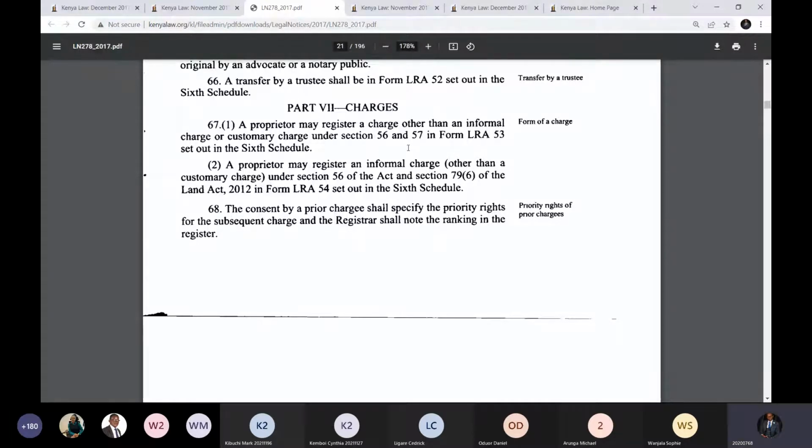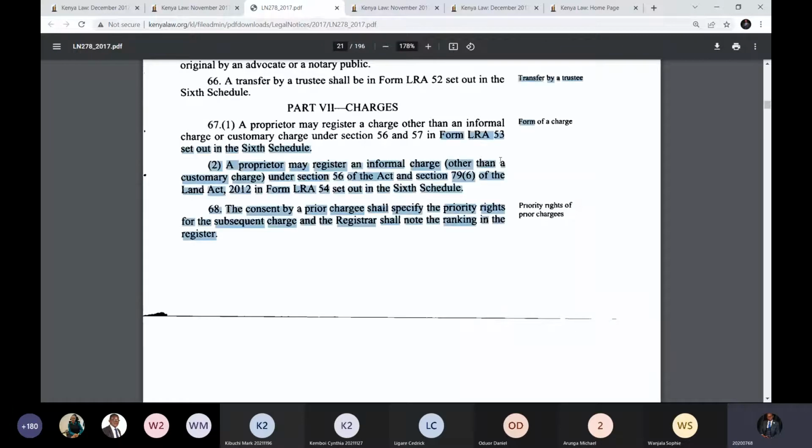Not the charger, but the chargor. At this point it will be the chargor, because the property will be transferred first. So it's sent to the chargor, and the chargor will have to sign it. The borrower. Yeah.